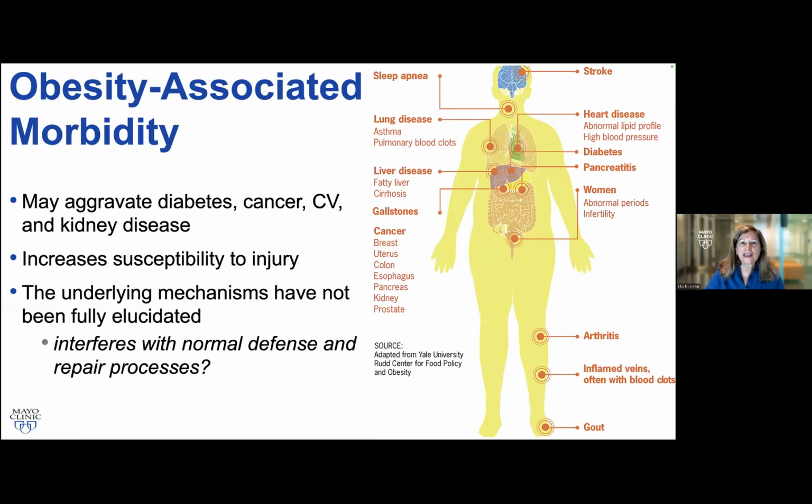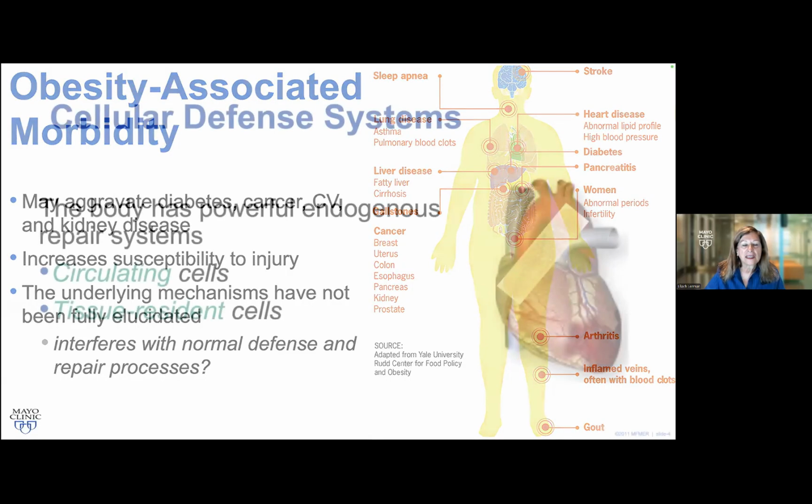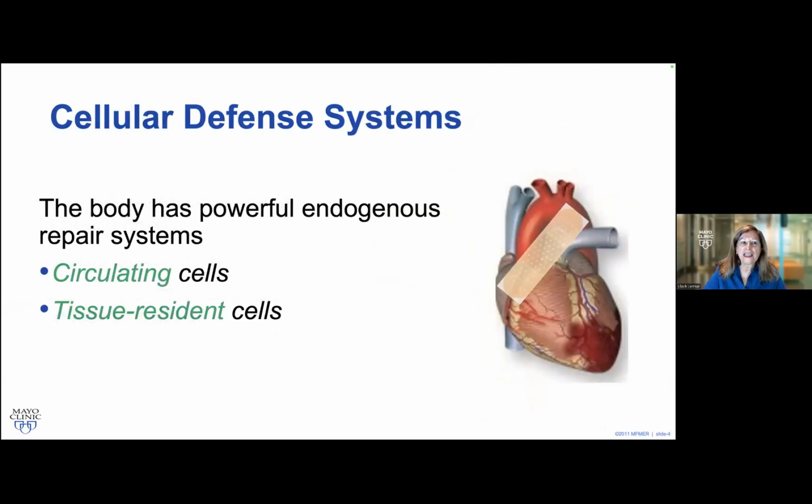The underlying mechanisms for this increased susceptibility to damage have not been fully clarified, but it has been postulated that obesity interferes with normal defense and repair processes. When we talk about the bodily defense system, we talk specifically about cellular defense systems, which can be composed of both circulating cells as well as tissue resident cells.